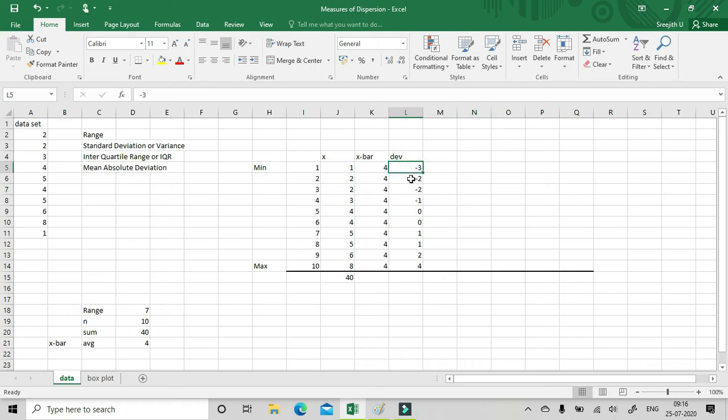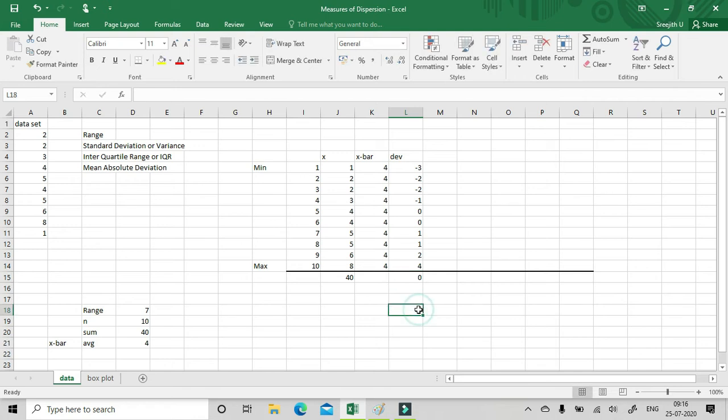Minus 3 plus minus 2 is minus 5, minus 5 plus minus 2 is minus 7, minus 7 minus 1 is minus 8, minus 8 plus 1 is minus 7, minus 7 plus 1 is minus 6, minus 6 plus 2 is minus 4, minus 4 plus 4 is 0.